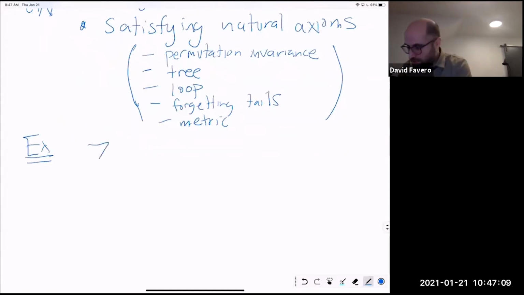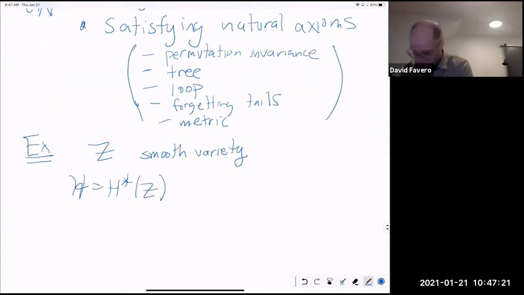Is that if Z is a smooth variety, then I want H to be the cohomology of Z. And we have the Künneth formula.